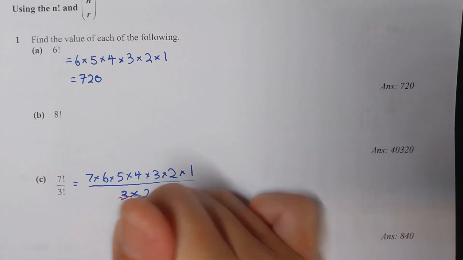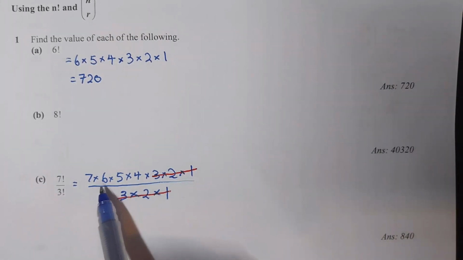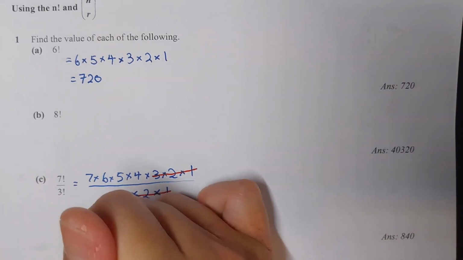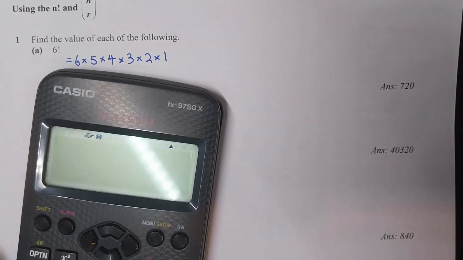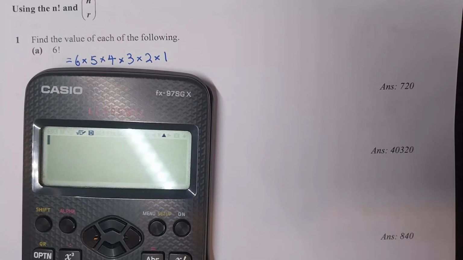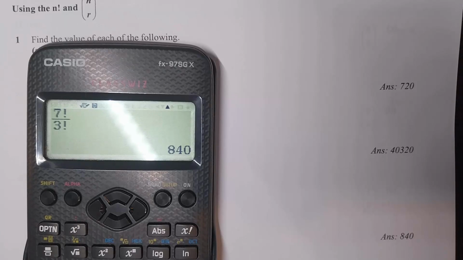And you realize that you can actually cancel away the common terms, and you have 7 times 6 times 5 times 4, which will give you 840. Likewise, you can use the calculator and press 7 factorial over 3 factorial, which will give you 840.